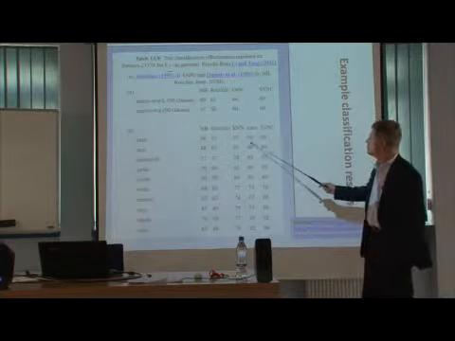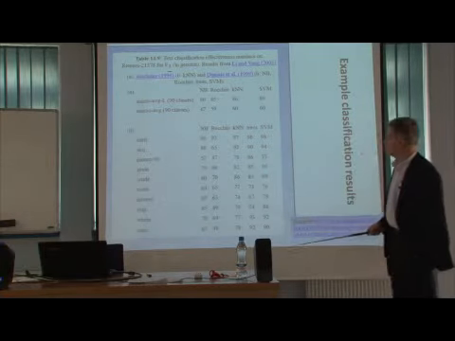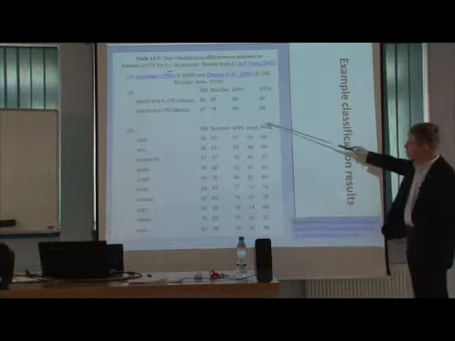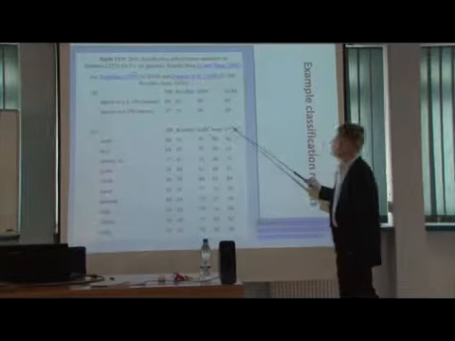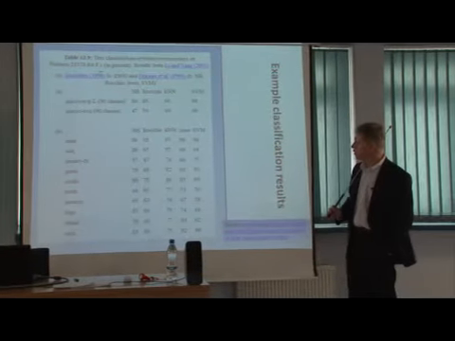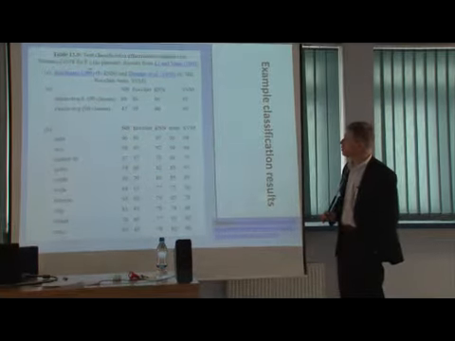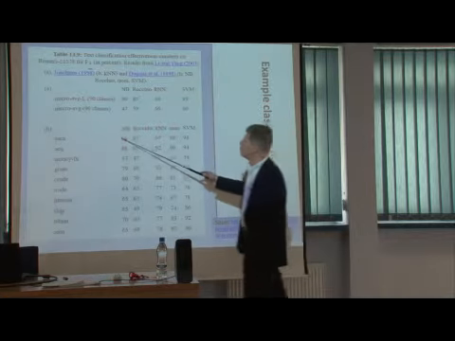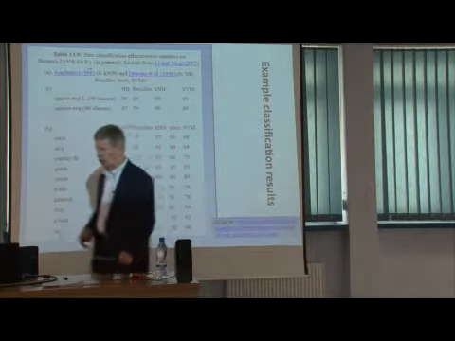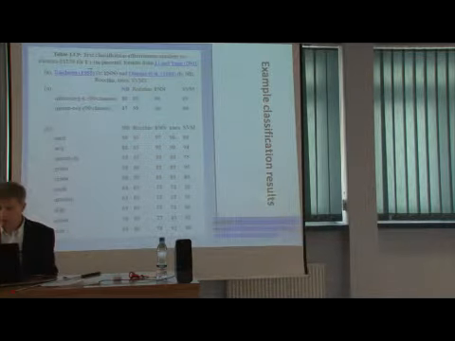So we see that these methods, at least for this particular class, seem to work better. In general, support vector machines seem to perform better than naive Bayes, but they require more extensive training. I don't think I have time to go deeper into that, but the bottom line is that for naive Bayes, by experimenting with the parameters, we could probably get it to about 95, 96%. So there is room for improvement there.